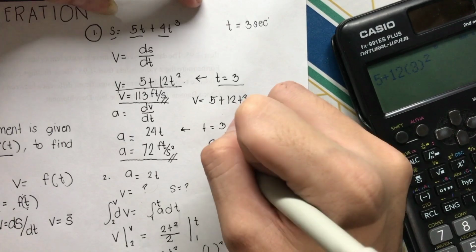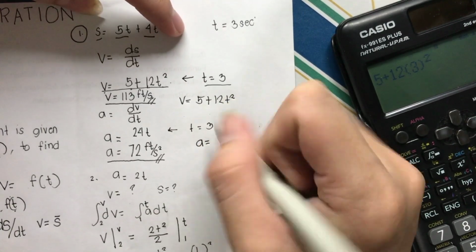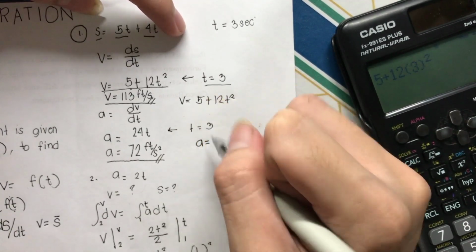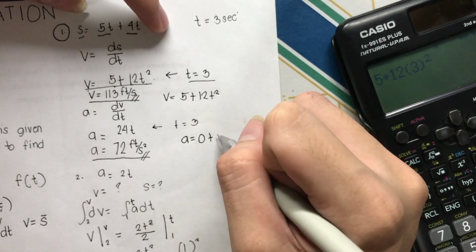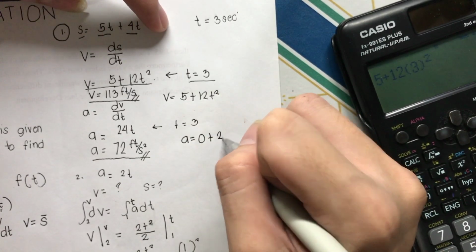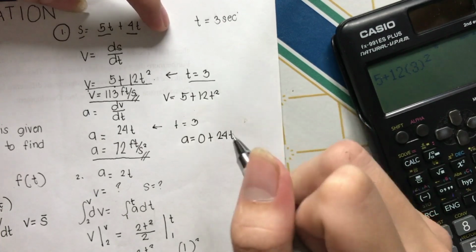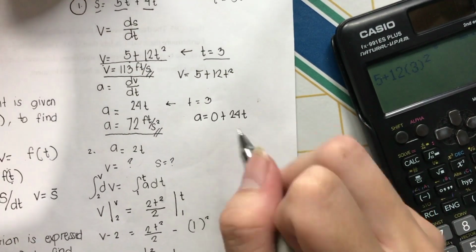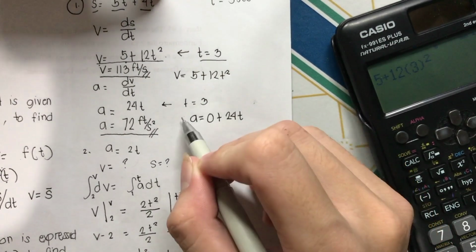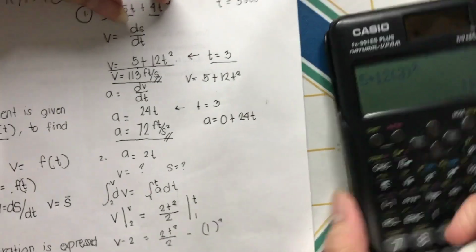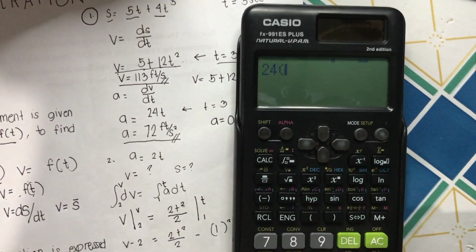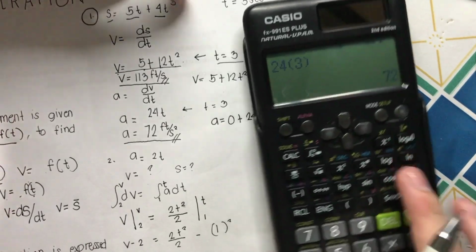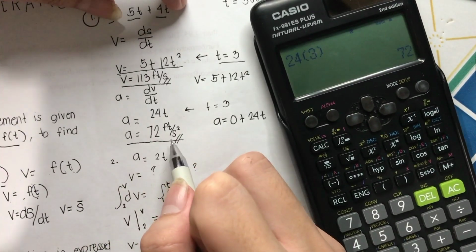So acceleration equals the derivative of 5, which is 0, plus 12 times 2, which is 24t. And to find acceleration, we must input time equals 3 seconds. So 24 times 3, we will get 72 feet per second squared.